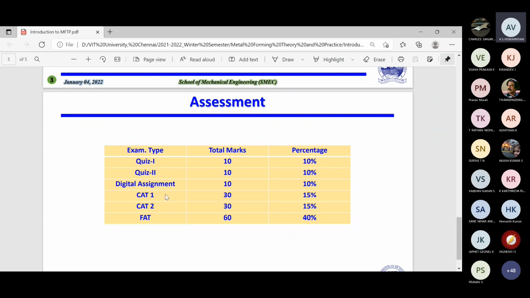For the digital assignment, I'm again requesting you, because a lot of students were just copying. Only roughly 10 students are doing it on their own. I request the students who are sharing their report with other students: do not share. Who is copying is a different thing, but sharing is not good.